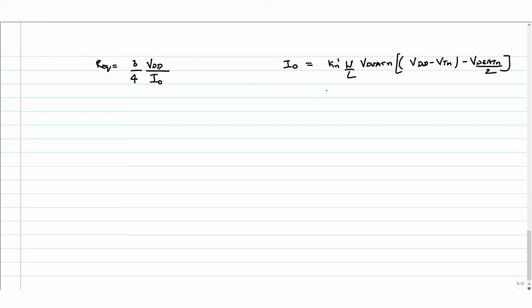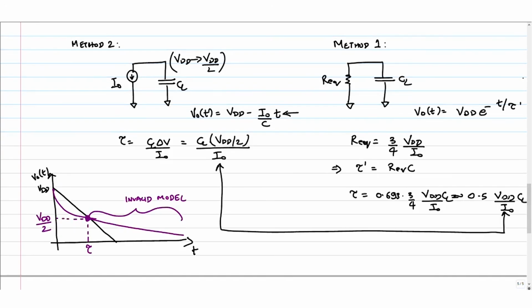If it is a long channel device and it enters saturation region, then it is just Kn prime W by L into Vdd minus Vt whole squared and half, right? This is saturation, velocity saturation, it doesn't matter. So this is a long device, this is a short channel device.